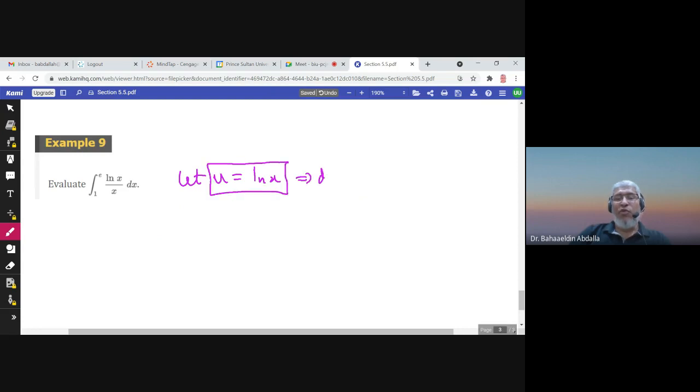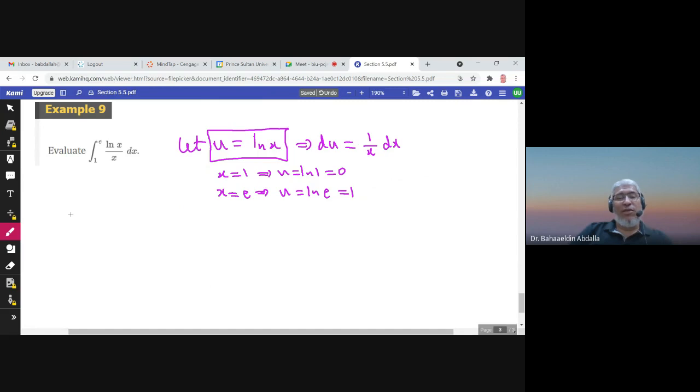Then du would be equal to the derivative of ln x, which is 1 over x dx. Well, look at this integral. Let us change the limits first. If x is 1, u would be ln 1, which is 0. If x is e, u would be ln e, which is 1.